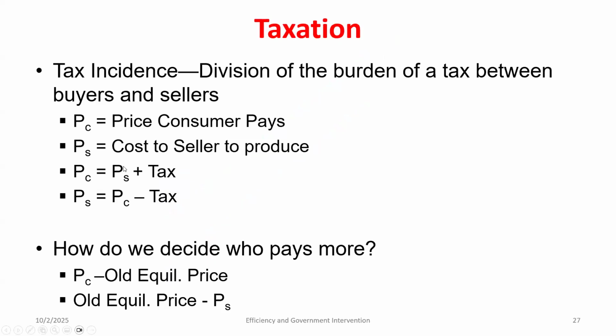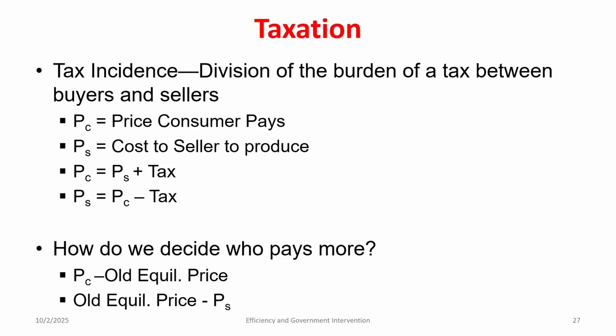I can look at the prices and determine who has more of the burden of this tax by simply looking at the difference between the new price that that group is either going to keep or pay, depending on if we're talking about producers or consumers, and the old equilibrium price. So if I look at consumers, if the increase in the price they pay compared to the old equilibrium is larger than the difference between the lower price sellers keep and the old equilibrium, then we would say consumers bear more of the burden.